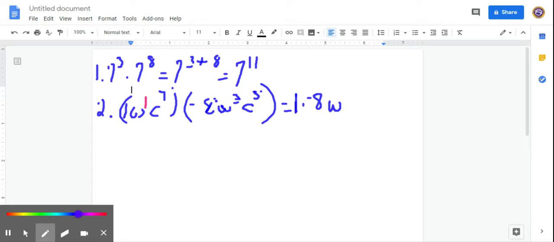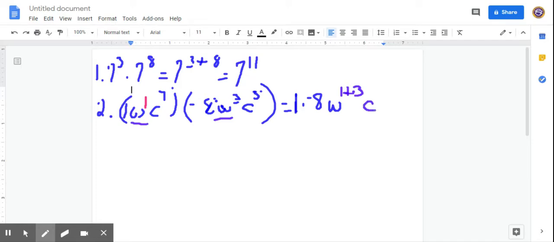So now you have 1 plus 3 from this W. Then you have C's that are like bases, so you copy your C, and then you add the exponents that are on your C's. So you have 7 plus 5.